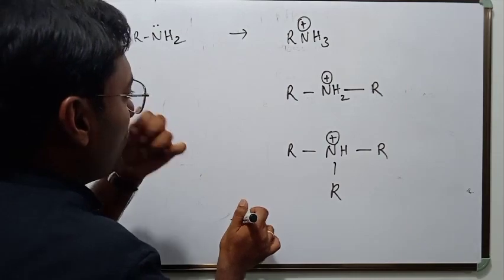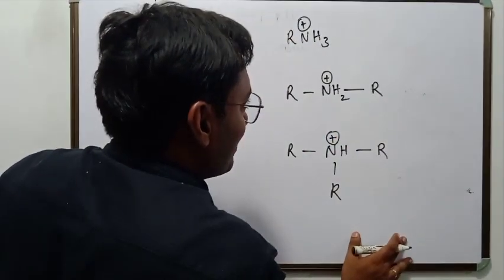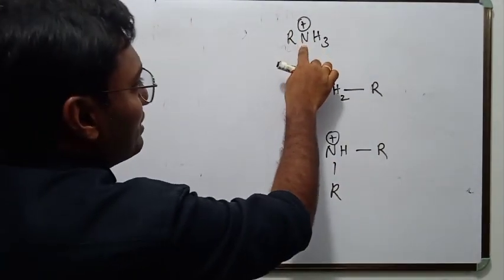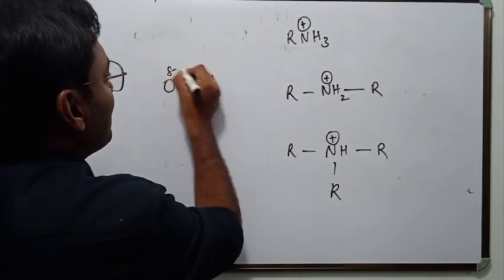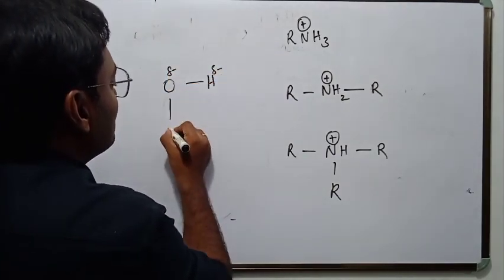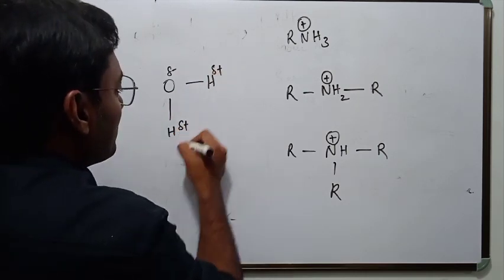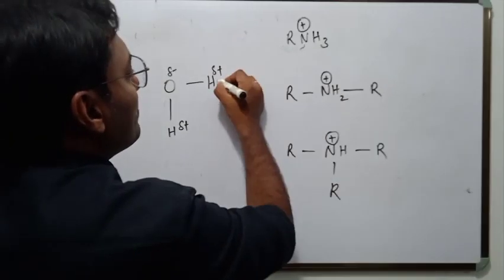Now solvation effect means that it is dissolved in water, right, and it can form hydrogen bonds with water. How? This is water. Water is polar, okay, and now nitrogen, there will be attraction here.